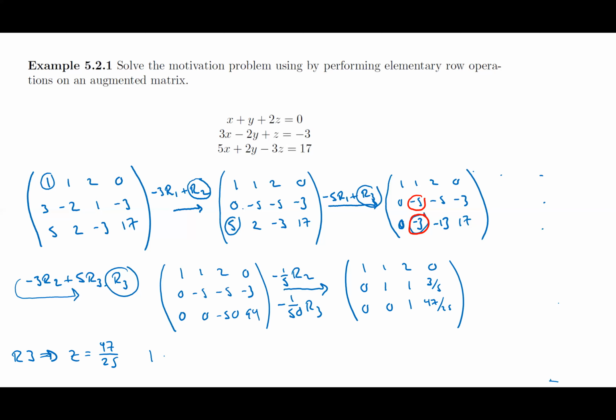Well, now I've got one of my solutions. Let's look at row 2. Row 2 tells me that Y plus Z is 3/5. So Y plus 47/25 is 3/5.